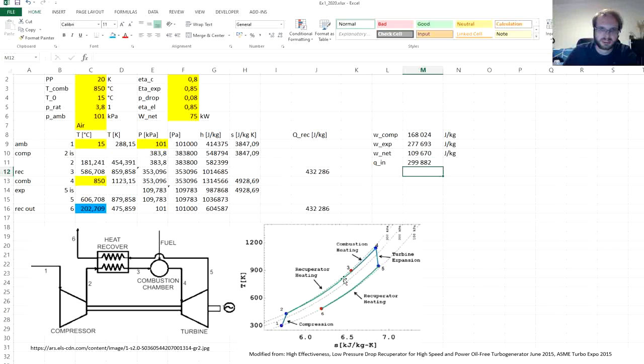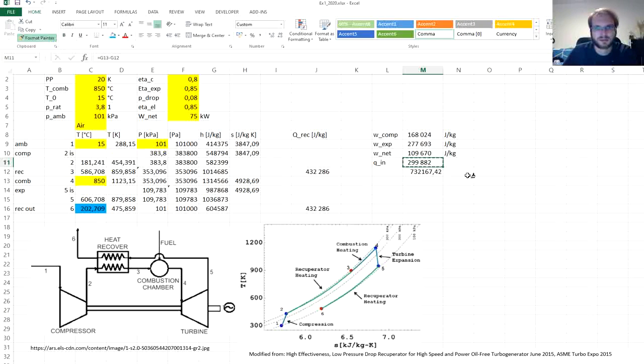Just if we did not have the recuperator, you can see how much larger the heat input would be, because it would be H4 minus H2. So you can see how much of the heat input the recuperator actually saves.